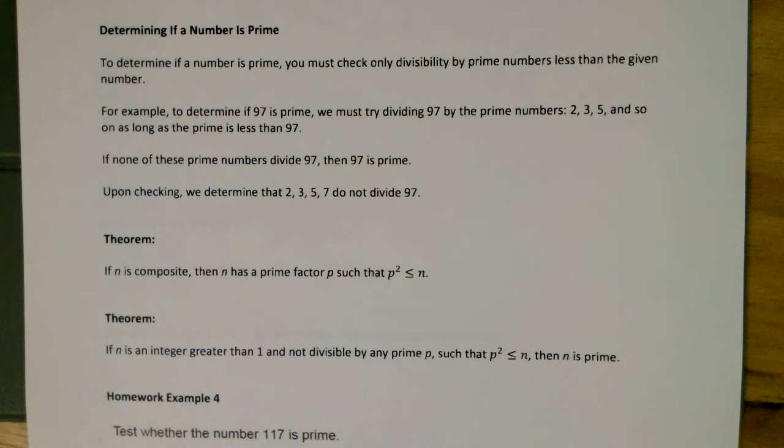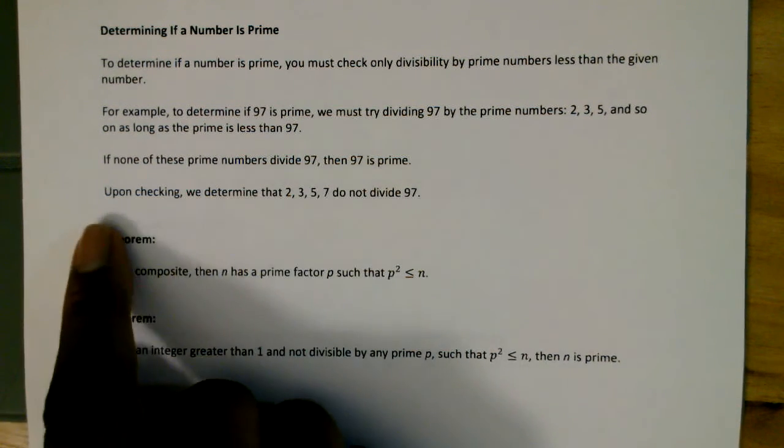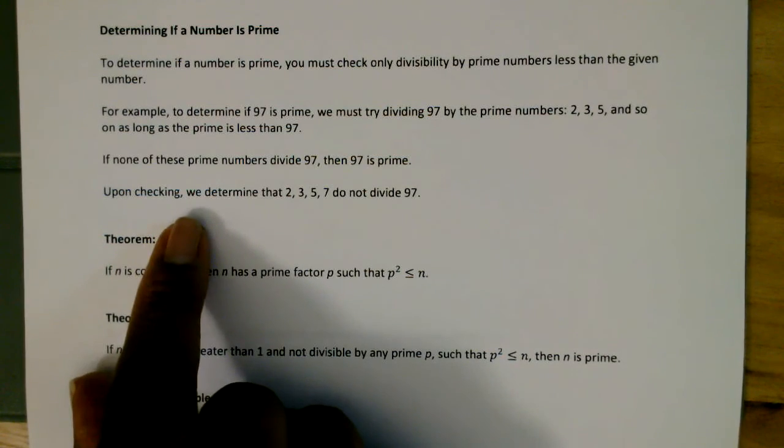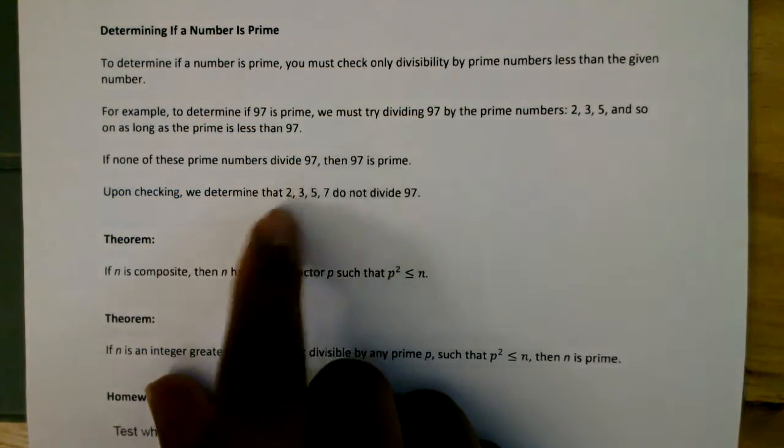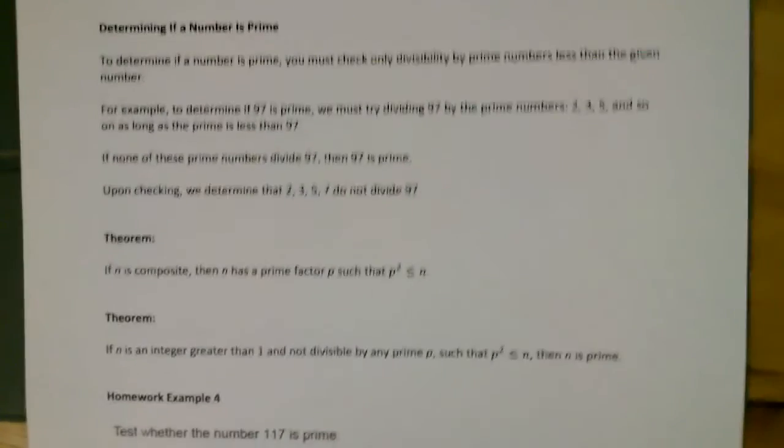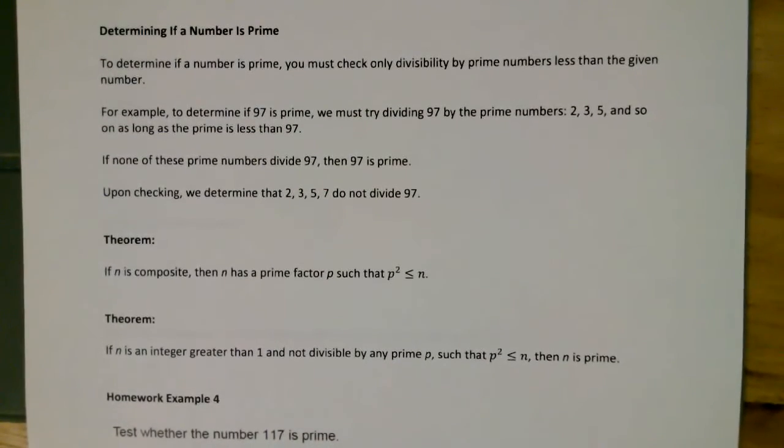If none of these primes divide 97, that means that 97 will be prime. Upon checking, you'll see that 2, 3, 5, and 7 do not divide 97. That means 97 is a prime number.